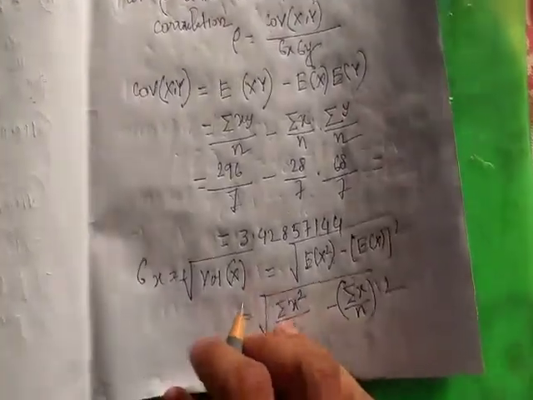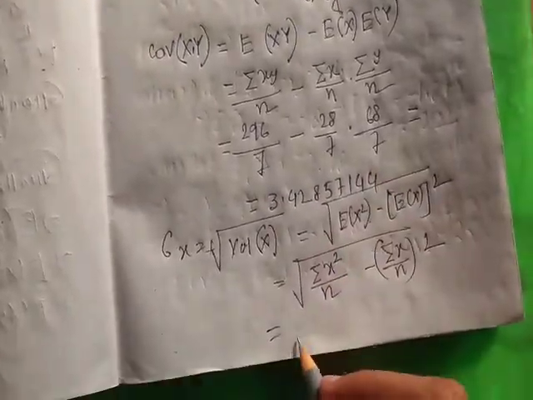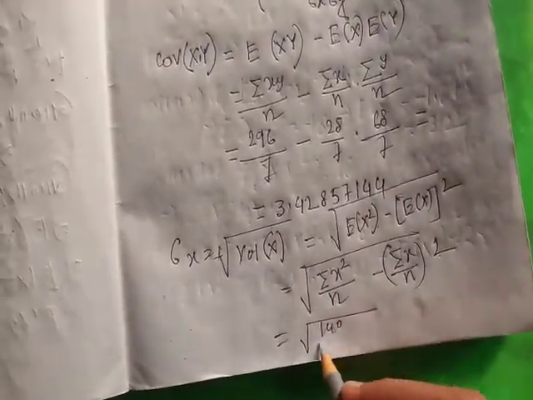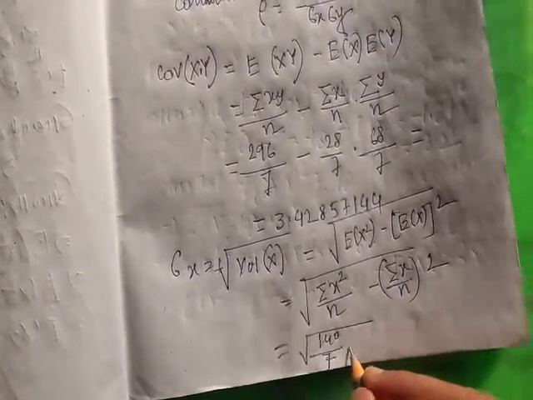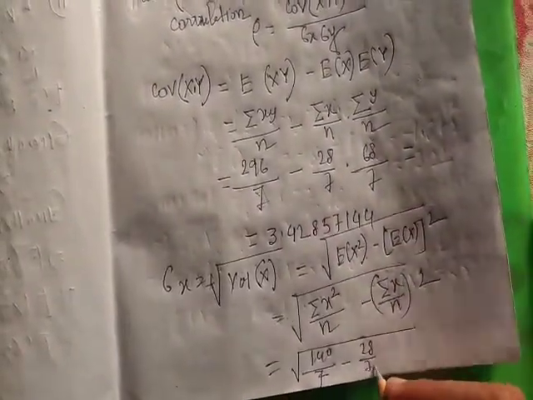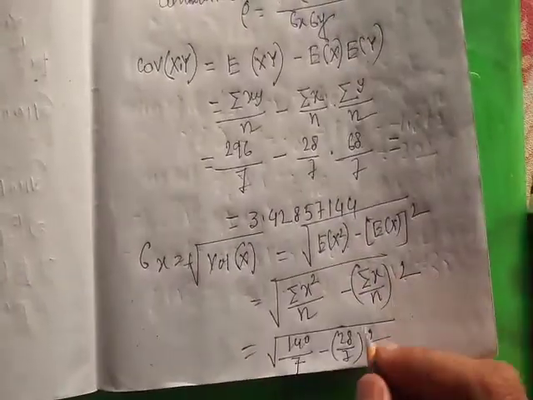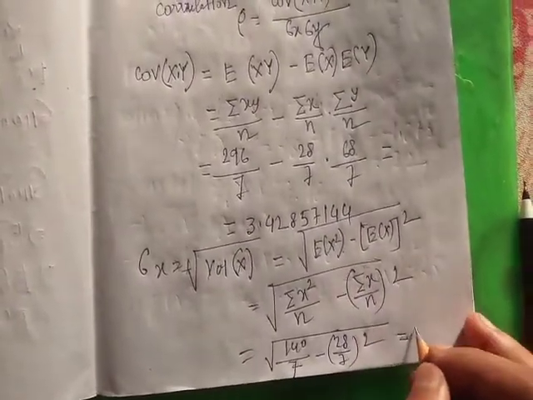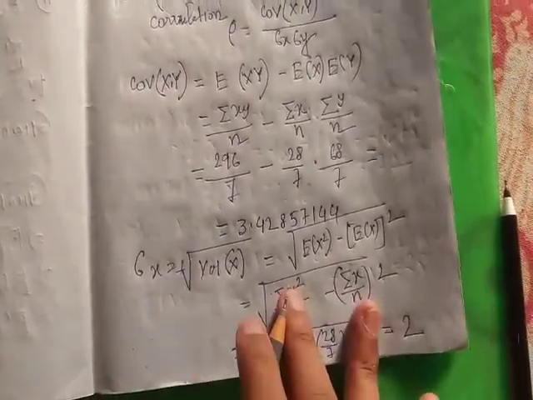Summation x square is 140, so 140 by 7 minus 28 by 7 whole square. After calculation we get sigma x equal to 2.